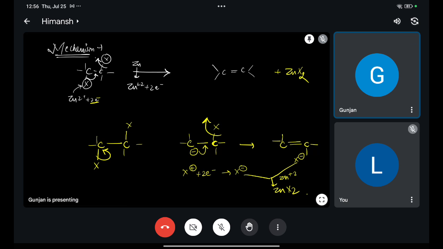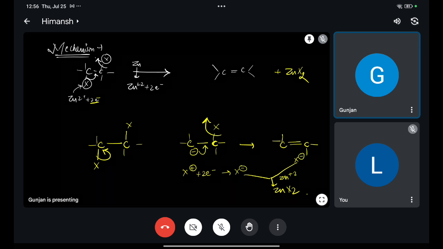Although these reactions are not in multiple steps, it's a single step carrying on. All the steps are occurring in the same way.